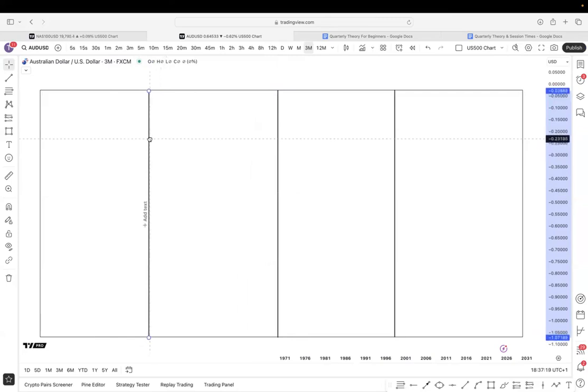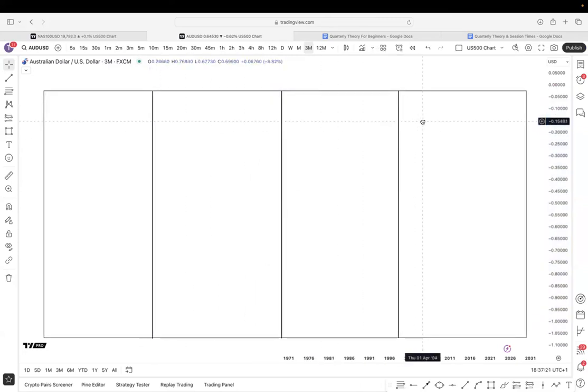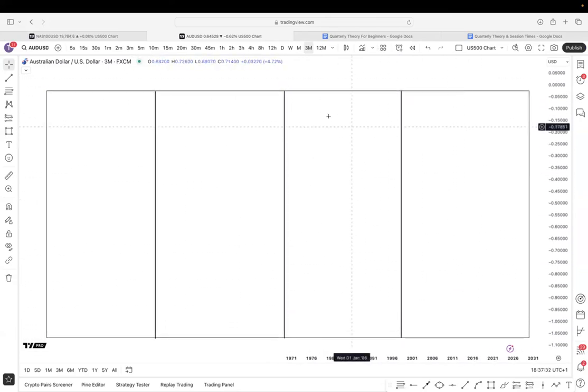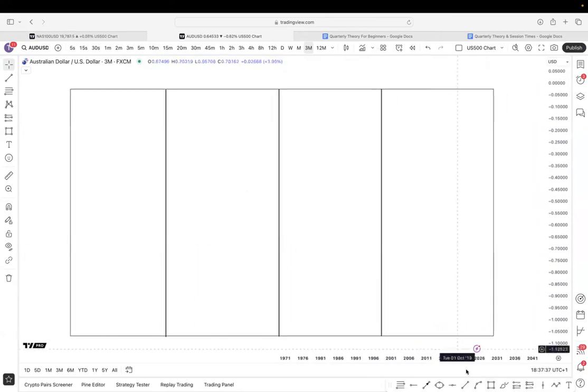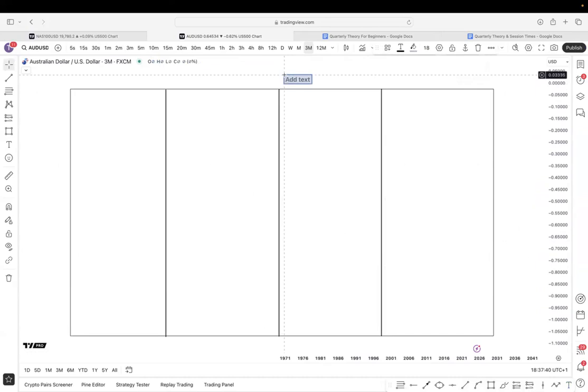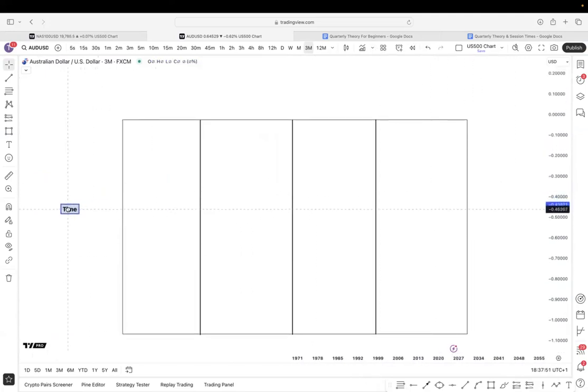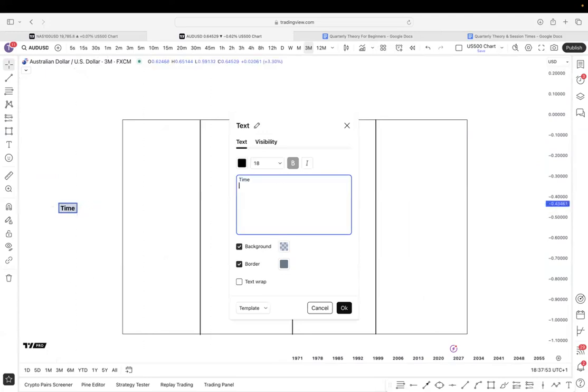Now, with anything in terms of a square, a quarter, everything can be sectioned into four pieces. And what we are basically referencing with regards to these four pieces is all down to time. And the time element with regards to quarterly theory is what we're looking to focus on. And the second thing we're going to focus on is price.